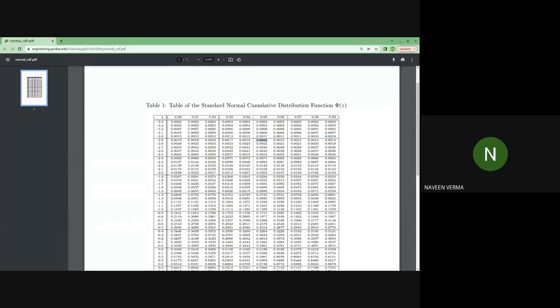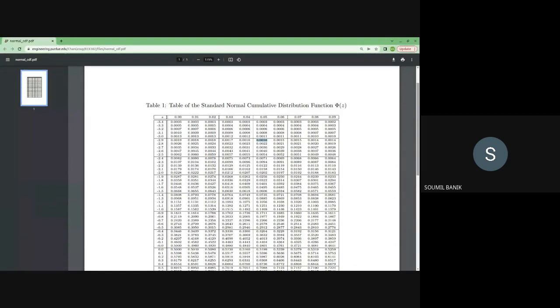Yeah, sir, correct. So I just used a calculator, actually Desmos, to plot the function. What we have to do is add the corresponding value. For example, we want to calculate FZ for minus 2.3.